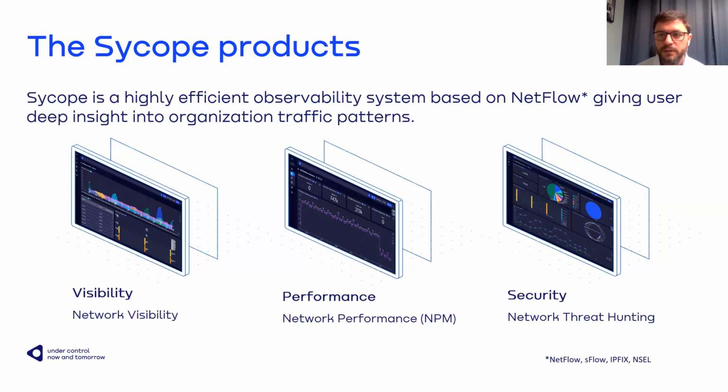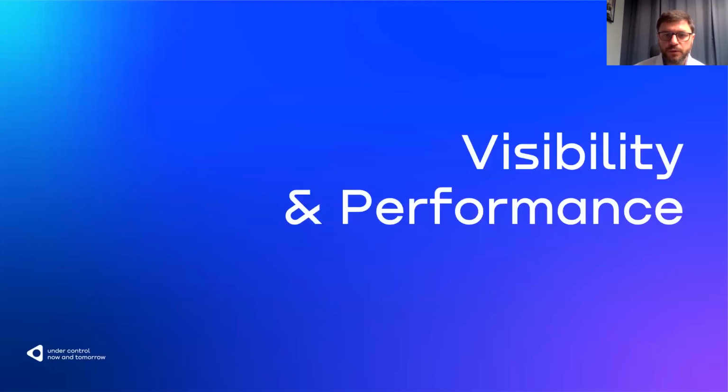Maybe the DNS server on the host is configured in the wrong way, or something else happened because of that. So we can detect both unwanted and suspicious communication in the network.